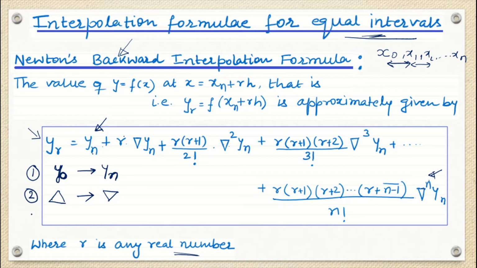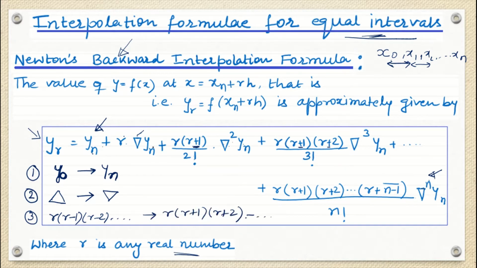The third change is that here the terms are r plus 1, r plus 2. In Newton's forward interpolation formula we used to deal with r minus 1, r minus 2 and so on. Here you write r plus 1, r plus 2 and so on.